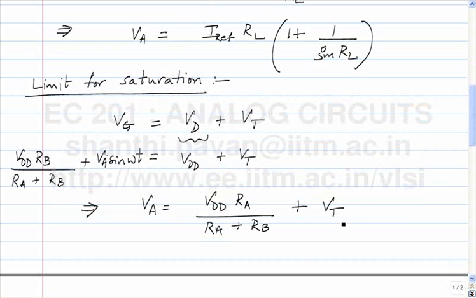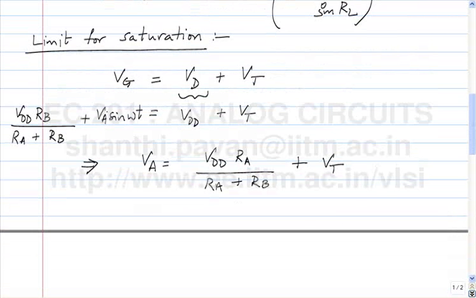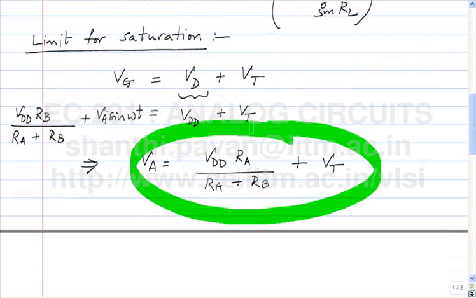The limit for saturation happens to be Vdd times Ra by Ra plus Rb plus Vt. From the expression, we see that this limit, the amplitude you can put in before the transistor saturates, becomes larger as Ra becomes large. If Ra increases, Vdd times Ra by Ra plus Rb will increase, thereby pushing up this Va here.